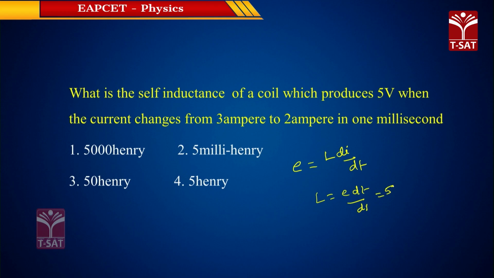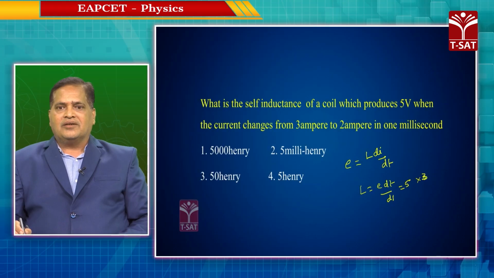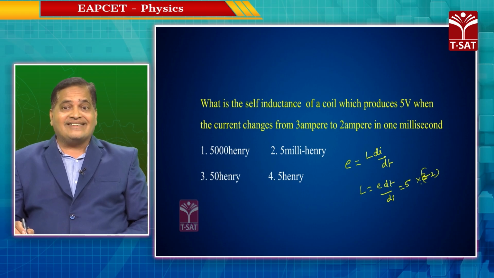When the current goes from 3 ampere to 2 ampere, that is the difference, 3 minus 2. And in 1 millisecond, keep in your mind, milli means 10 to the power minus 3 second.